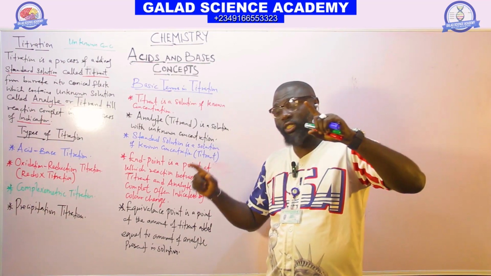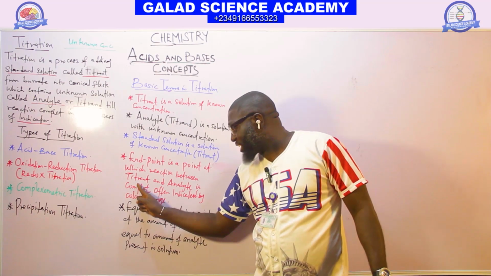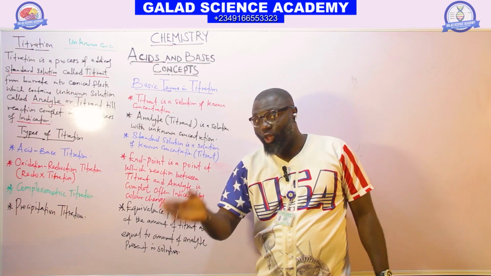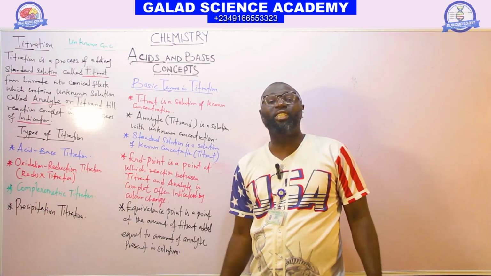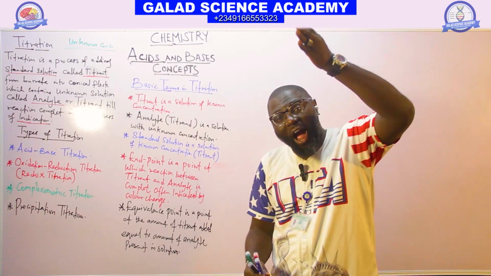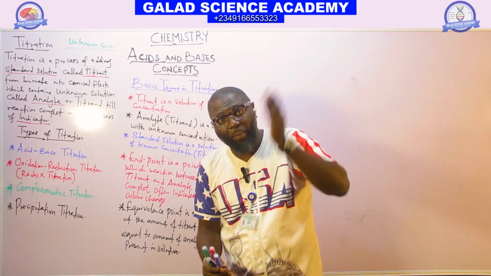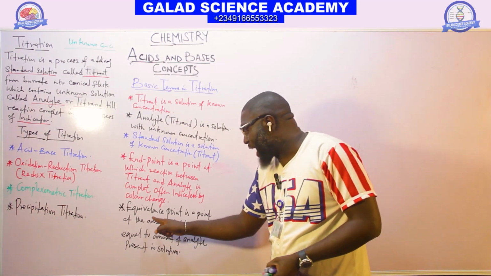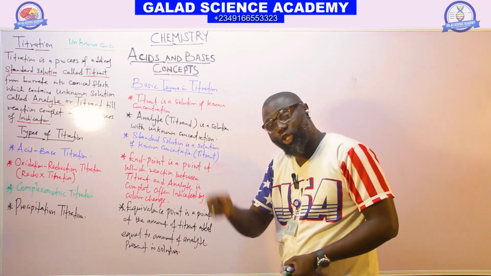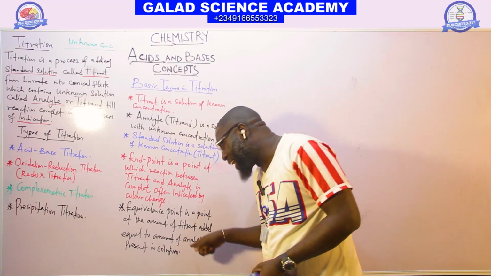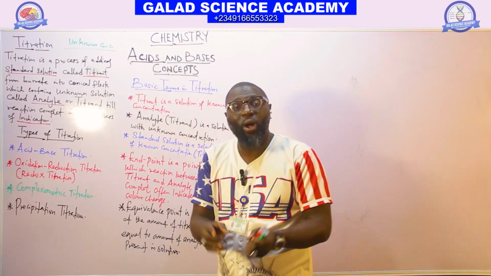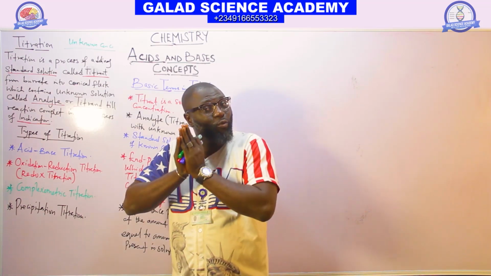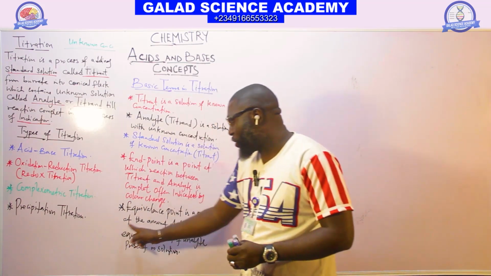The point at which the reaction between titrant and analyte is complete and the color changes is called end point. But the point at which the total amount of titrant that is dropped from the burette is equal to the amount of analyte we have in the solution, we have the equivalent point.